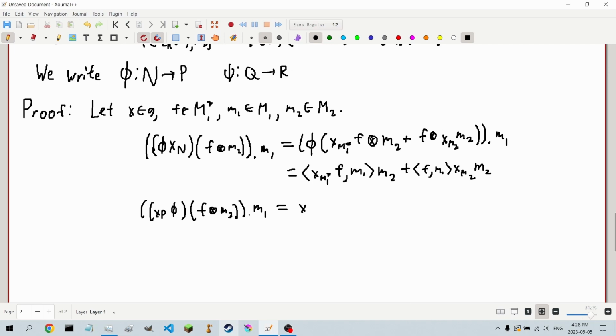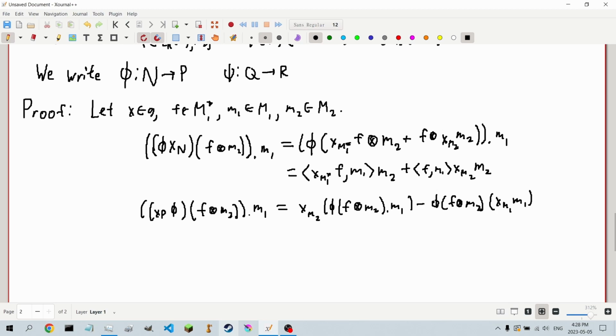This is x in M2 of phi of f tensor M2 acting on M1, minus phi of x of f tensor M2 acting on xm1 of M1.